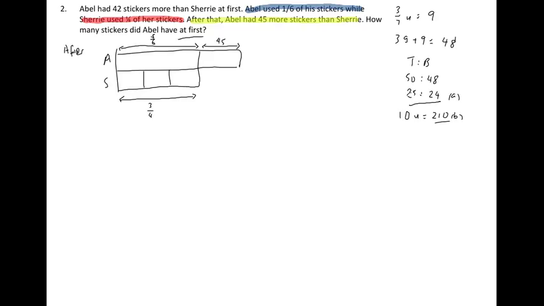So for this part of the model, how many units or how many parts must I cut this part of the model into? Aisha. 5. 1, 2, 3, 4, 5, right? So now I have 5 and 3.